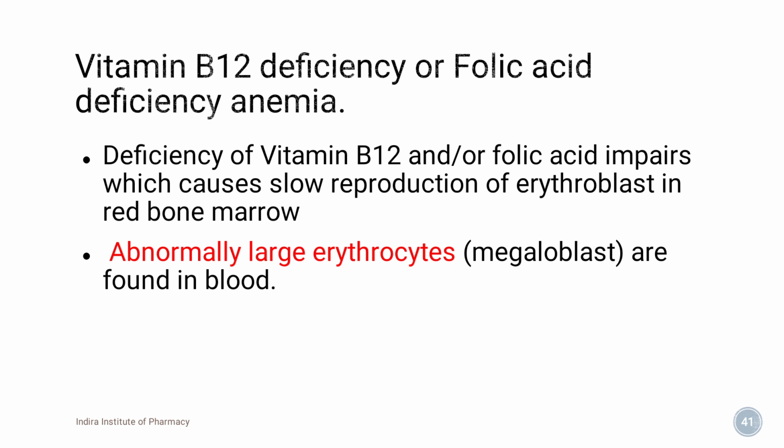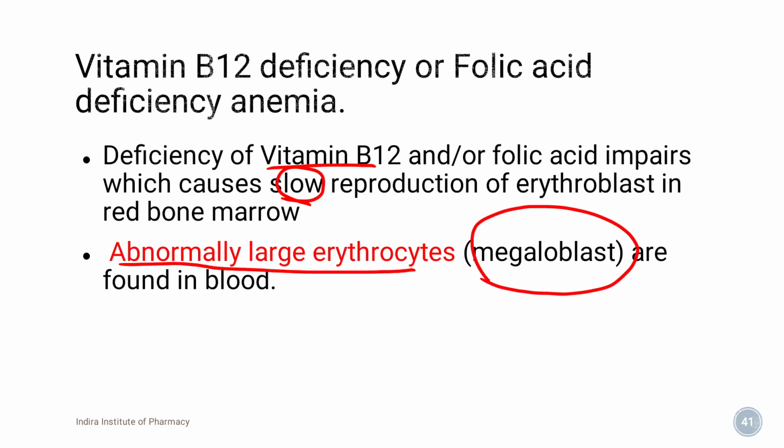Now because of this vitamin B12 deficiency, the reproduction of erythroblasts is low. That is the reason why large erythrocytes are formed, abnormally large erythrocytes, which are called megaloblasts, that are formed in the blood.